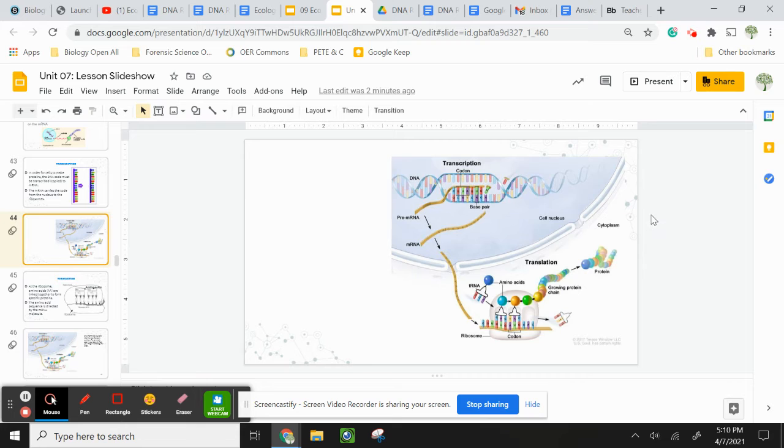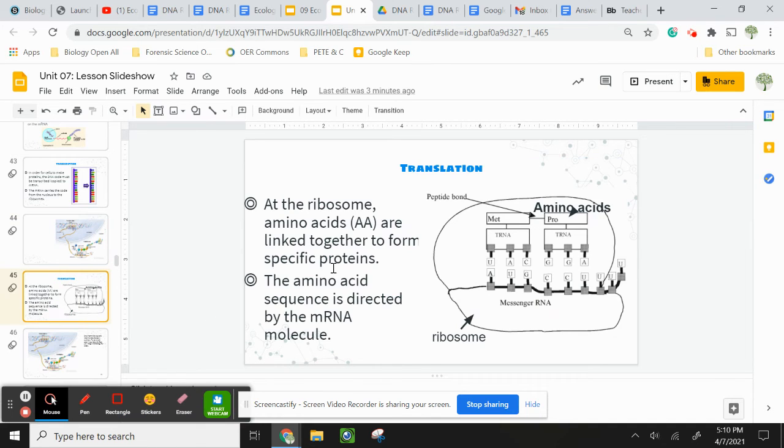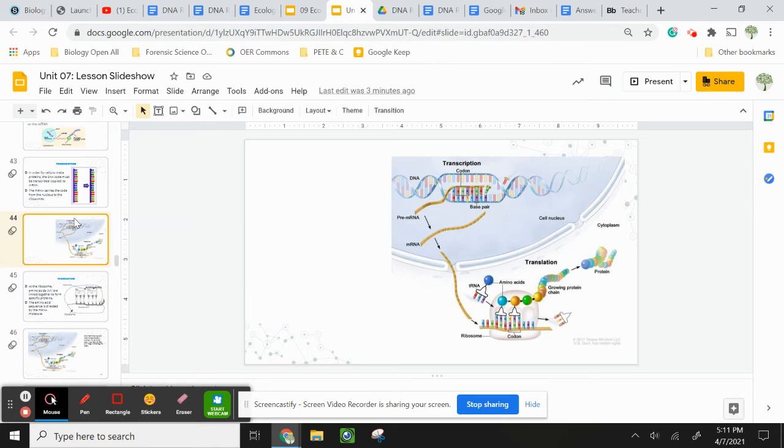This is the outside of the nucleus, or the cytoplasm of the cell. Inside the nucleus, you have your DNA. The DNA is unzipped using RNA polymerase, and it's going to be used to create a strand of messenger RNA. As you can see in this graphic, anywhere that there would have been a T, it has now been replaced with a U. Uracil replaces thymine.